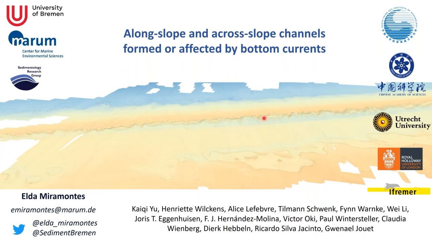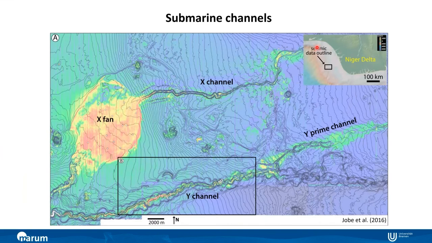So when we think about channels in deep water environments, probably most of us start thinking about submarine channels. So channels that are being formed by turbidity currents flowing downslope, and they start eroding the seafloor and generating these huge turbidite systems. So these are major pathways of sediment transport in deep water environments.